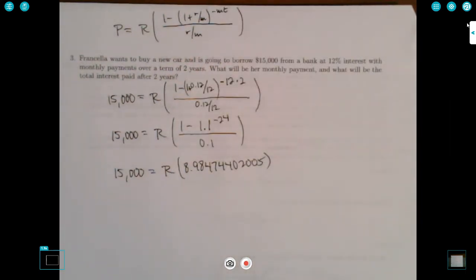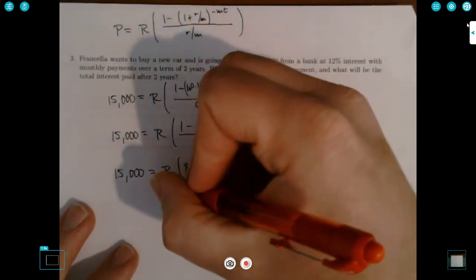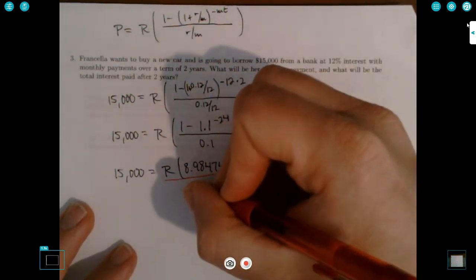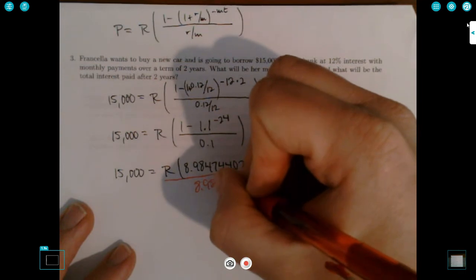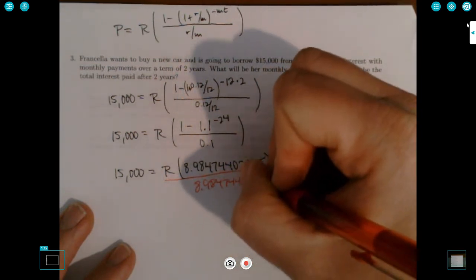Okay, and then if I want to finish solving for r, I would divide by 8.98474402005.